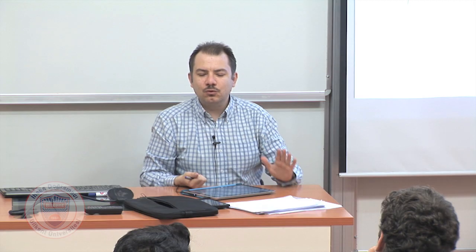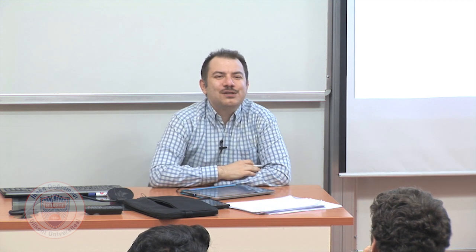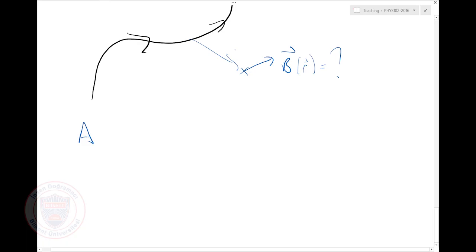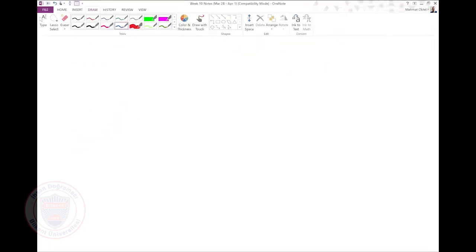Again, I have two similar laws at my disposal for magnetic fields. The first one, I'll do the reverse now. I'll first state the law which looks pretty much like Gauss's law. So the first one is Ampere's law.